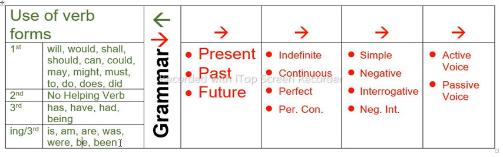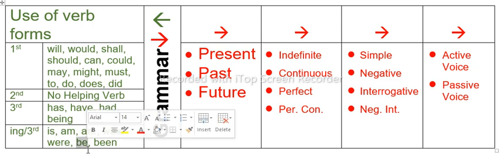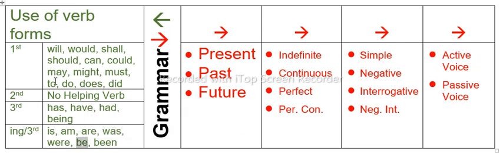Now let's talk about be, been, being. Be is the first form. So, okay, where do we use first form? Here. So we can say will be, would be, shall be, should be, can be, could be, may be, might be, must be, want to be. We cannot say do be, does be, did be. Be is not used when you are using do, does, did.